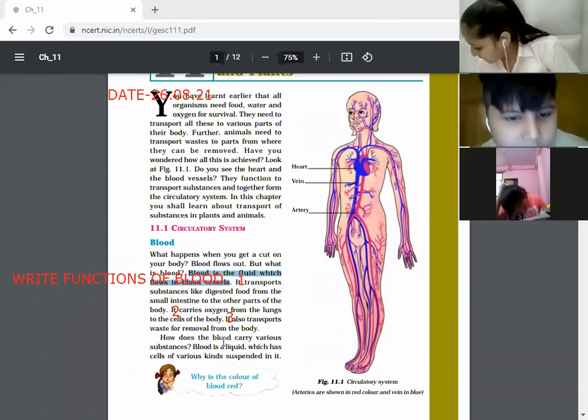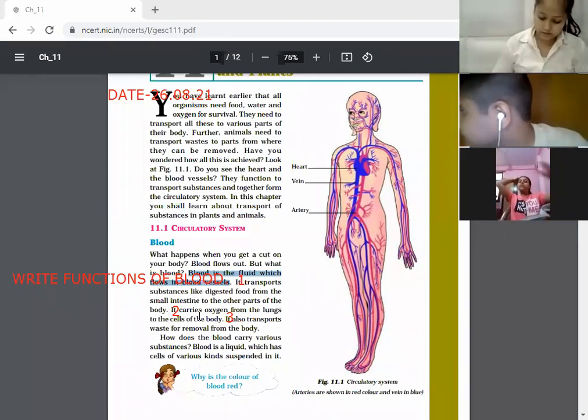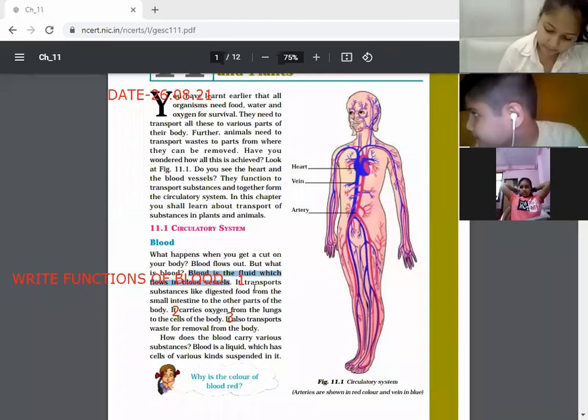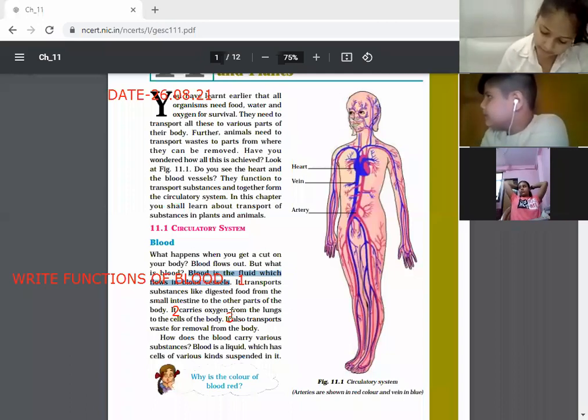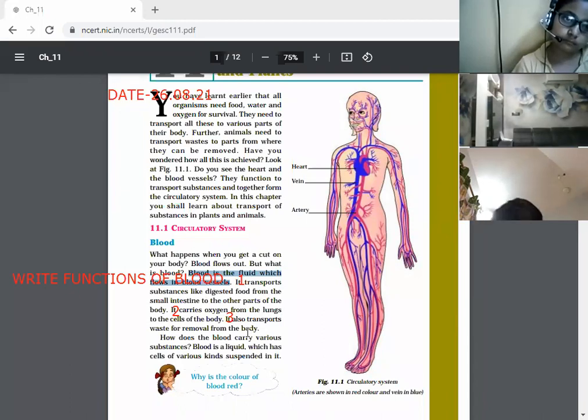So these are the functions of blood. Am I clear, children? Here you have got the definition of blood as well as the functions. All the transportation is done by the blood. First, it transports the digested food, second, it carries oxygen, and third, it transports waste for removal from the body. Up to here, is it clear, children? Should we move further?